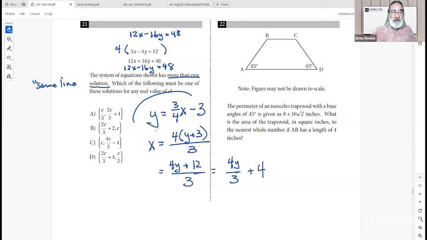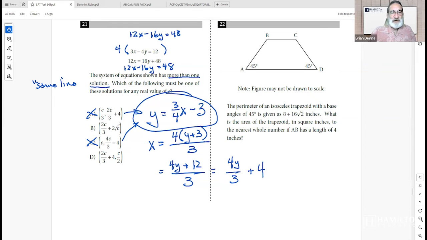Well, I want to be able to look at it this way: if I look at the x, does the y that goes with it follow that rule? And I can see that if I plug in c over 3 for x, I'm not going to get the thing in A. And if I plug c into this one, I'm not going to get the thing for y, because it has minus 4, not plus 4. So I can throw out A and C right away.